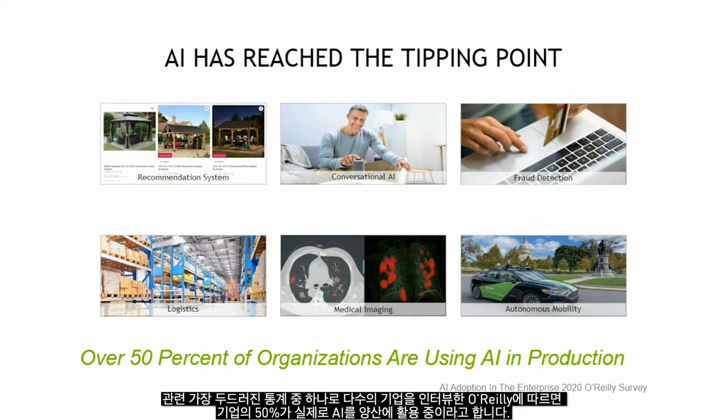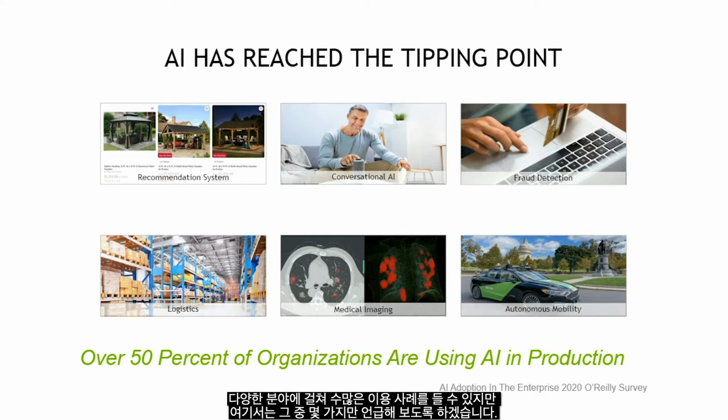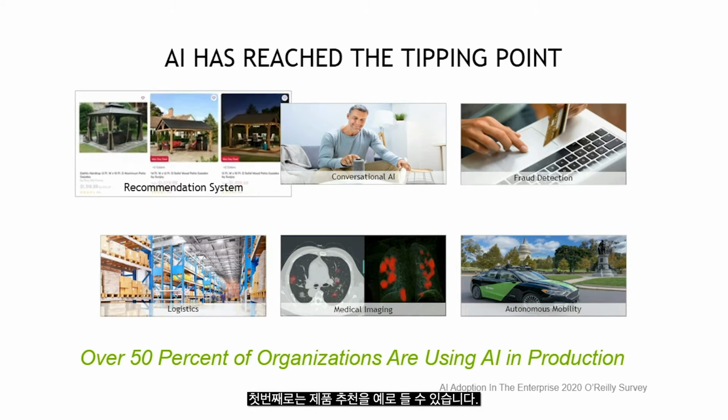I think one of the statistics that really pops out here is the fact that O'Reilly, which interviewed a lot of the organizations out there, said about 50% of them were actually putting AI into production, right? And we could talk about tons of use cases across the gamut. I'm going to just touch on a few here. The first one is better product recommendations.